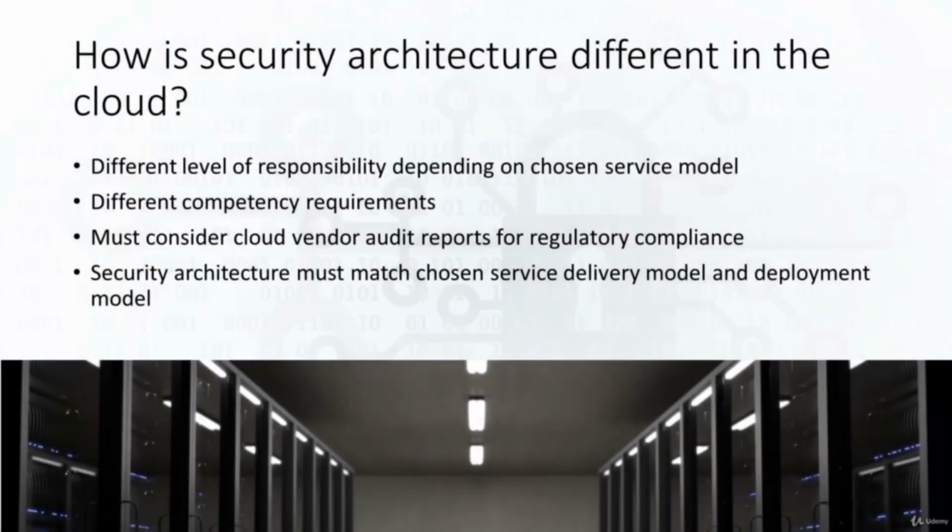So how is security architecture different in the cloud? Cloud services can be delivered in many flavors, in any combination of the service delivery models, such as software as a service, platform as a service, and infrastructure as a service, and the deployment models, public, private, hybrid, and community. You as a cloud customer are responsible for knowing how your cloud services work with respect to security.